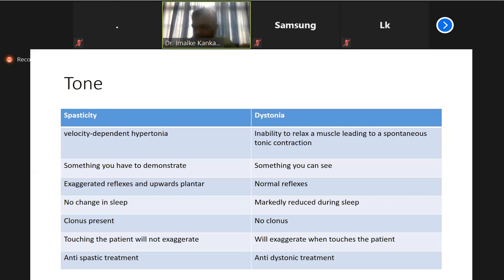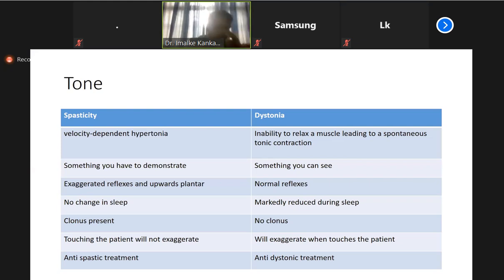Right. So now I'm going to teach you all an important concept of hypertonia. Hypertonia could be due to two reasons. One is spasticity, one is dystonia.